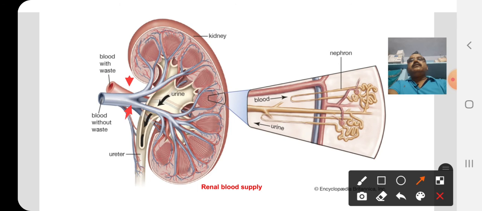The artery contains blood with wastes, and the venous blood contains blood without waste, and this is the flow of urine from major calyces through pelvis to ureter. And these are the position of the nephrons. This is the flow of blood, and this is the flow of urine.